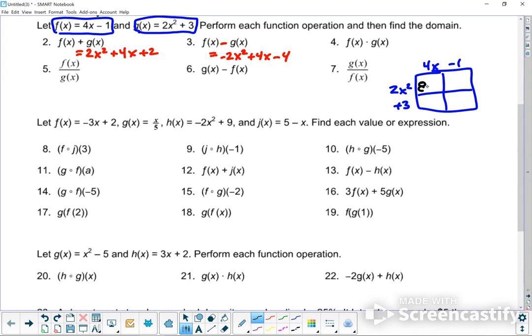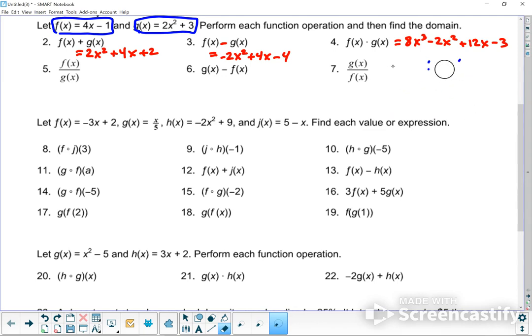This makes 8x to the third, this makes minus 2x squared, this makes positive 12x, and this makes negative 3. Nothing really combines because all the x's are different powers, so I'm just going to write it as is. It equals 8x to the third minus 2x squared plus 12x minus 3. Okay, and I'm going to erase this area model. If you need it, just rewind back.